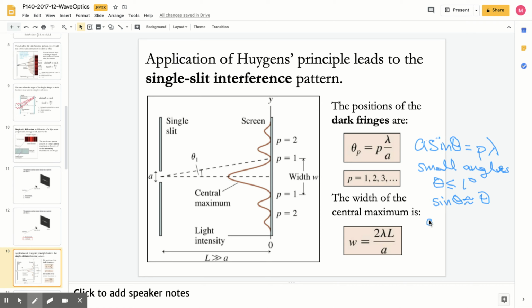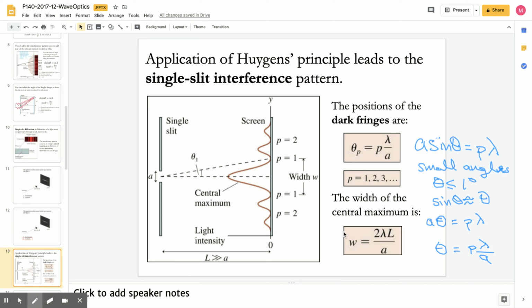So if I plug that in, a theta is equal to p lambda. And so that's where we get this equation, theta is equal to p lambda over a. That's where that equation comes from, and it's making the assumption that this theta is really, really small.